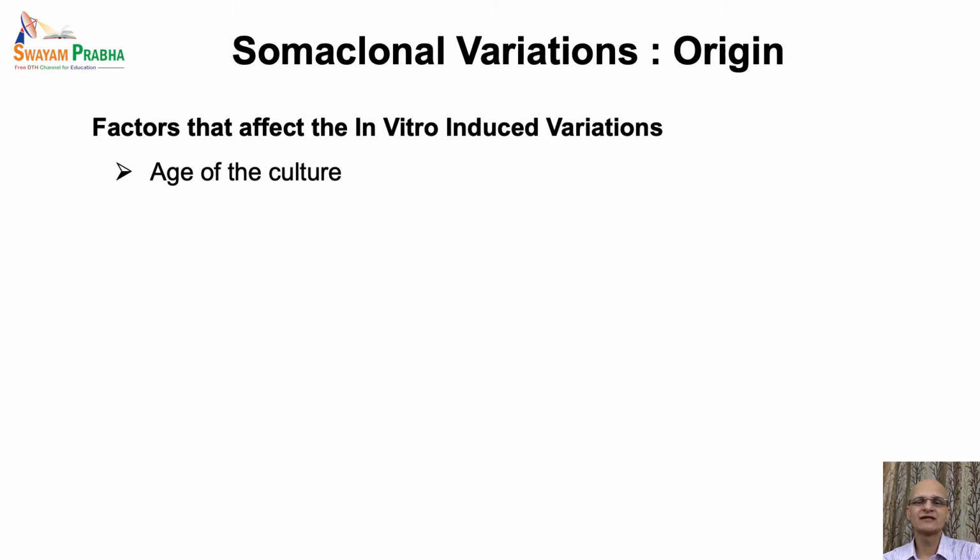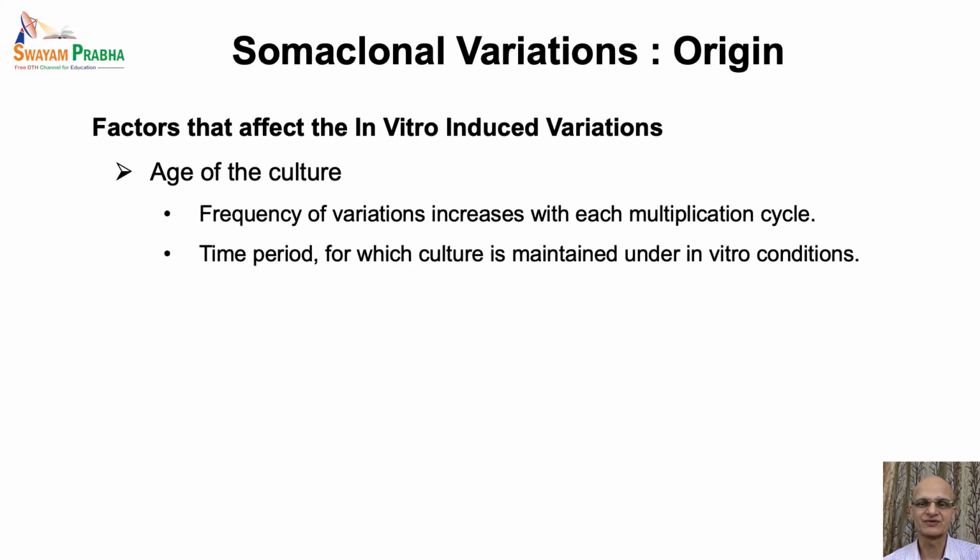The first one is the age of the culture. In the in vitro cultures, tissue is continuously induced for multiplication at a high rate and it can affect the genetic stability of the tissues. Generally, the frequency or the rate of the accumulation of variations increases with the increase in the number of multiplication cycles.